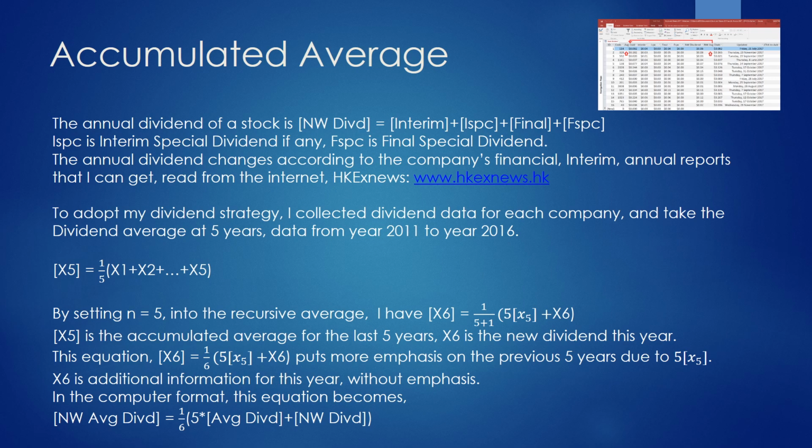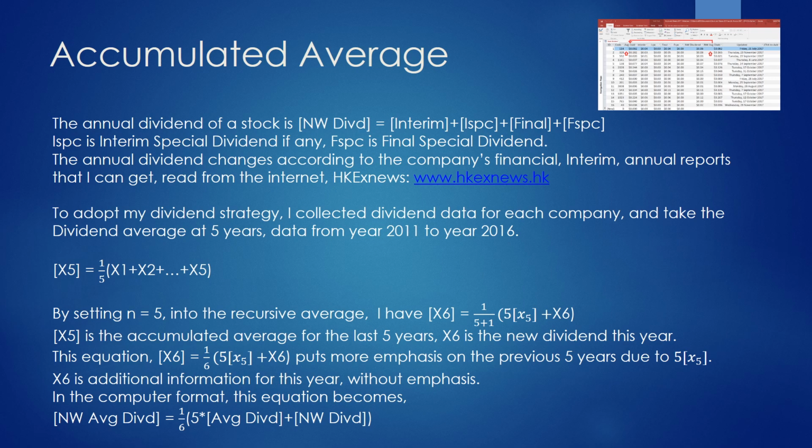This equation, average x6 equal to 1 over 6 times 5 times average x5 plus x6, puts more emphasis on the previous 5 years due to 5 times the average x5. x6 is additional information for this year, without emphasis.